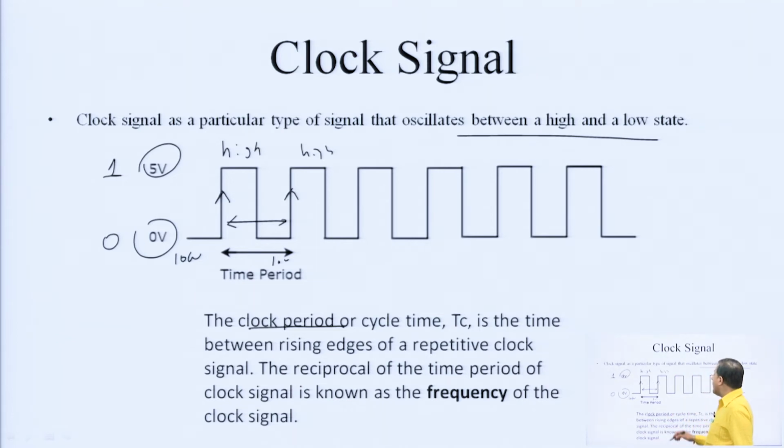The reciprocal of this time period is called the frequency. This is T, so f will be 1 by T. The reciprocal of the time period is the frequency of the clock signal, and mostly it is in megahertz or gigahertz.